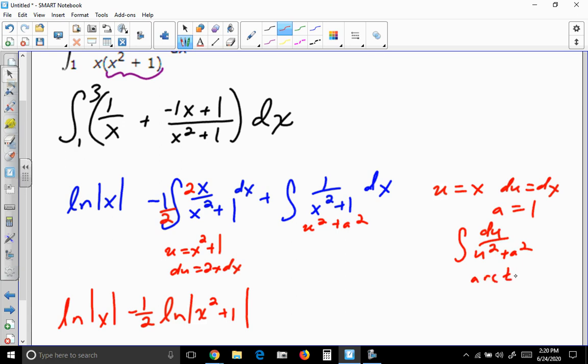That's going to integrate into arctangent of u over a. I think it has a 1 over a out front also, but since our a is 1, we are going to integrate into arctangent of u over a, which is 1. And we're going to evaluate this from 1 to 3.